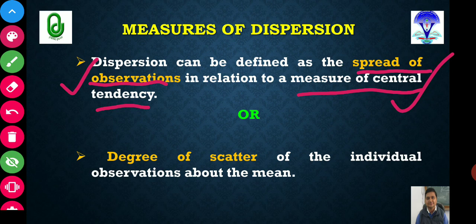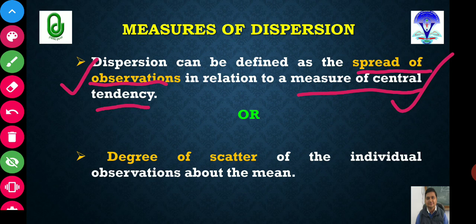Many a time people get confused that it is the spread of observation around the mean. No, it is not only around the mean, but around measures of central tendency, be it mean, median, mode, or whatever measure of central tendency we have already studied.